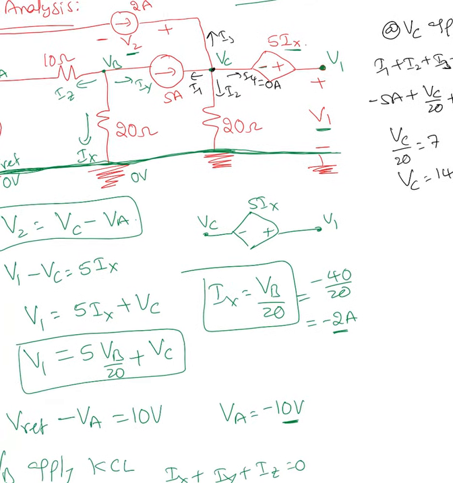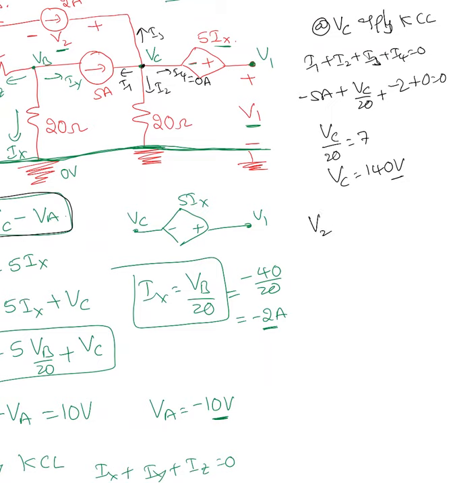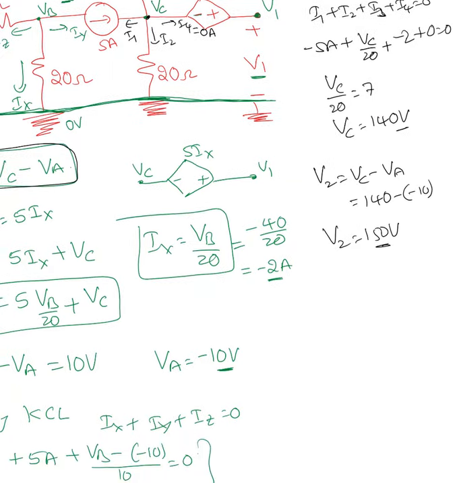So once I know VC, can I find the V2 value? V2 is nothing but VC minus VA. VC we have 140 minus negative 10. So V2 equal to 150 volt. So that current source has a potential difference of 150 volt.